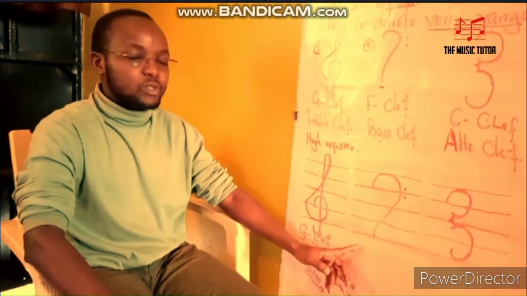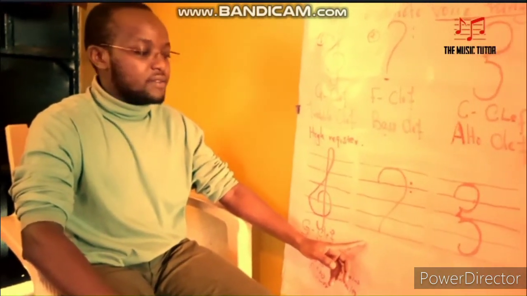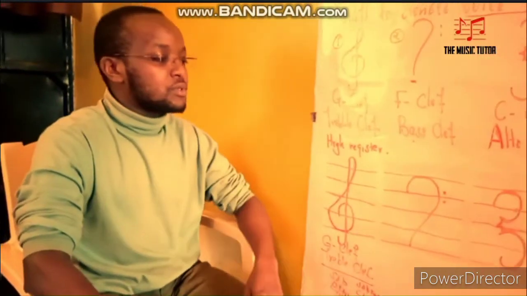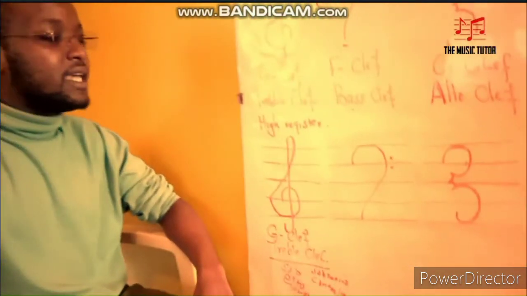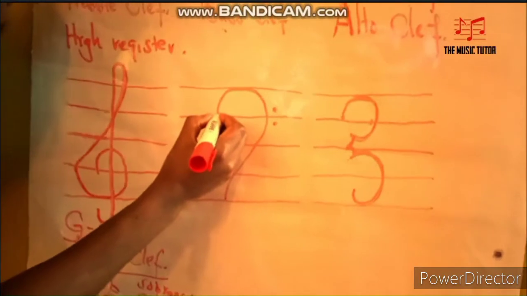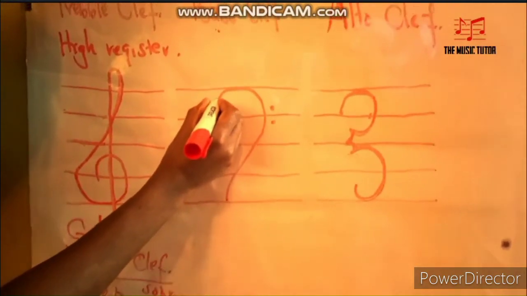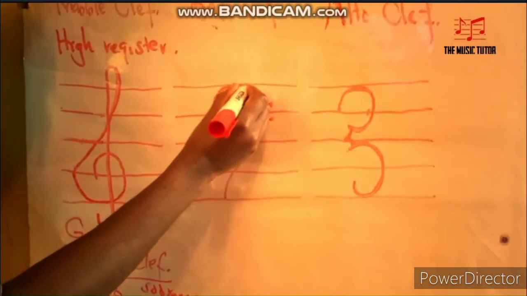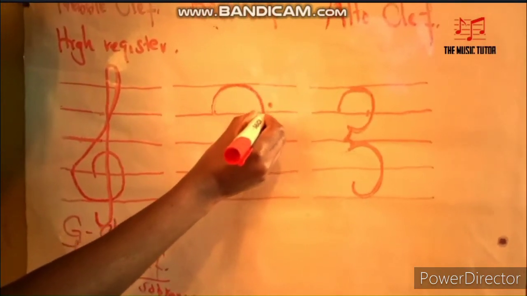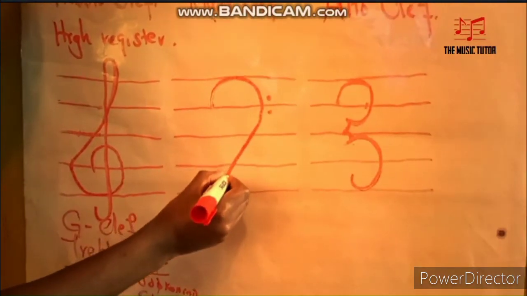The second clef that we shall learn how to write on the staff is the F clef, and I help you to draw the F clef. You begin with the second line from above. You draw this way. You cut the second line from above again and go below.